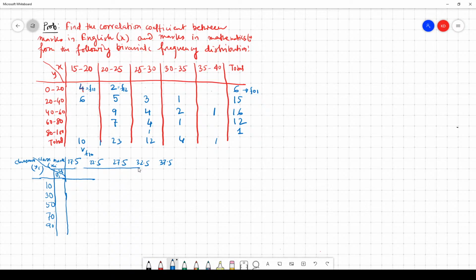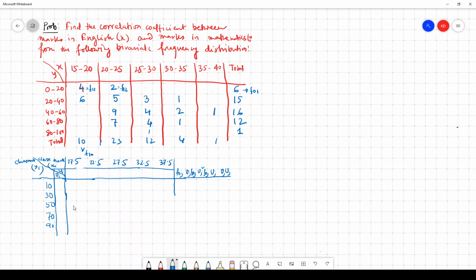Then F naught j, Vj F naught j, Vj square F naught j, Uj, Vj, Uj.